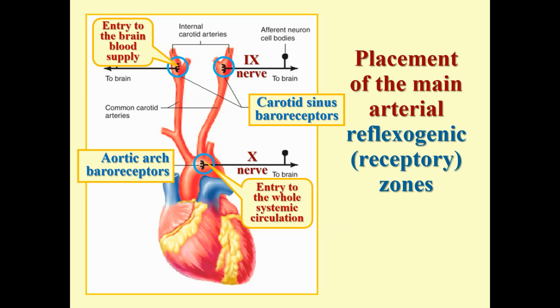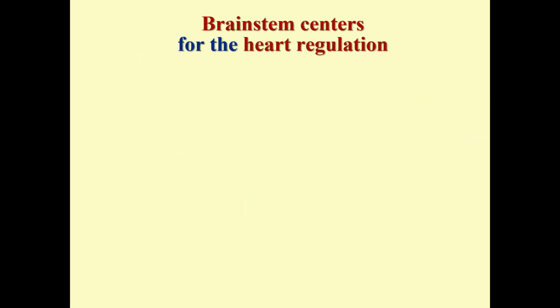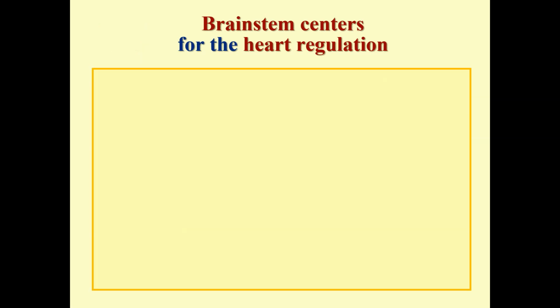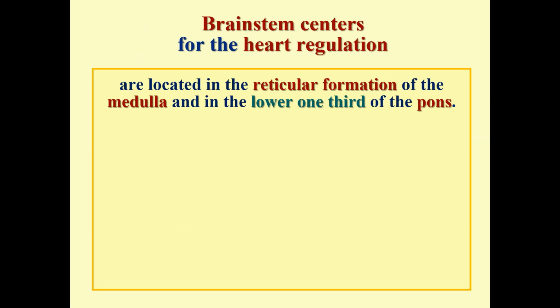But finally, from the medulla centers of the 9th nerve, the impulses will go to the necessary centers. And the centers we need to consider now. Brain stem centers for the heart regulation are all located in the medulla: reticular formation, medulla, and a little bit in the lower third of the pons, but predominantly the medulla.